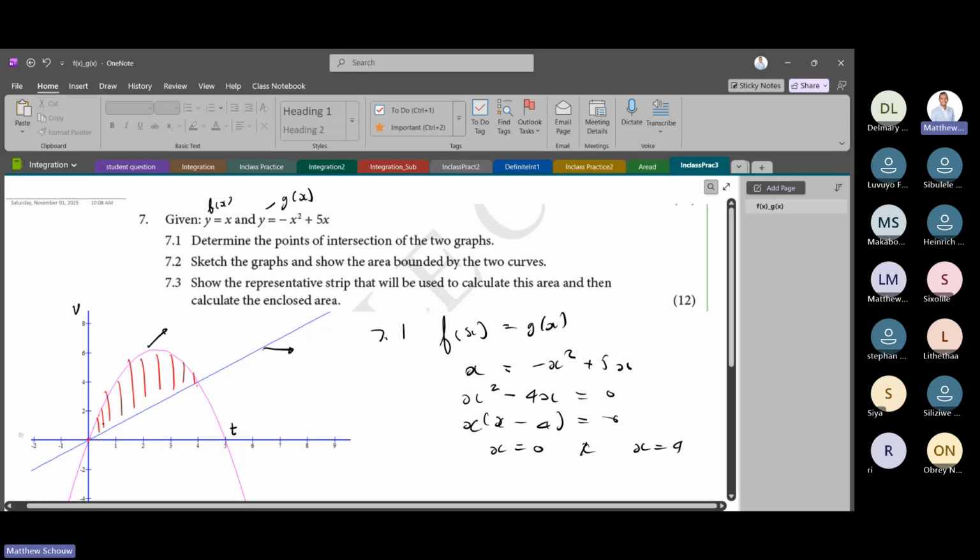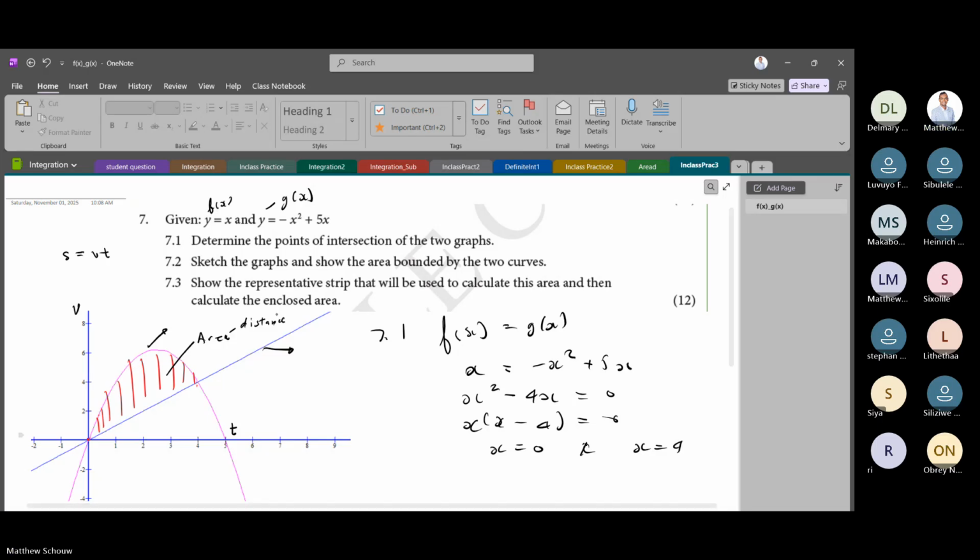What this would represent in practical terms is the distance traveled, because S equals V times T. This area will basically be the distance when they both travel the same distance during that particular time, and eventually one goes down, one goes up. So that could be one way of looking at this.